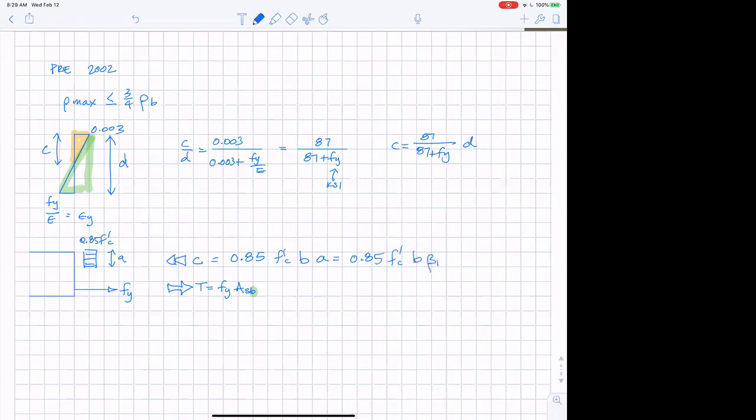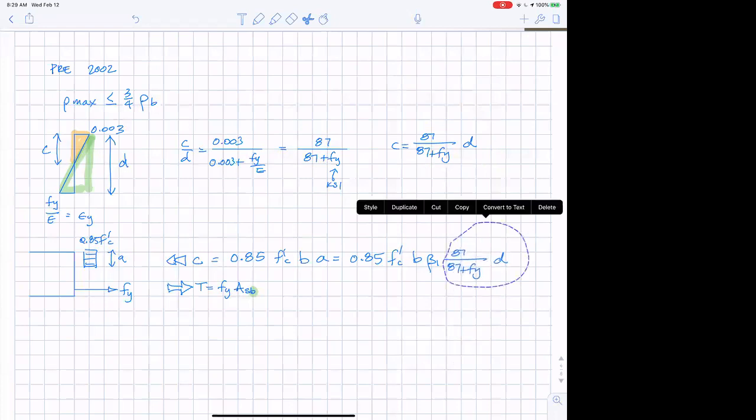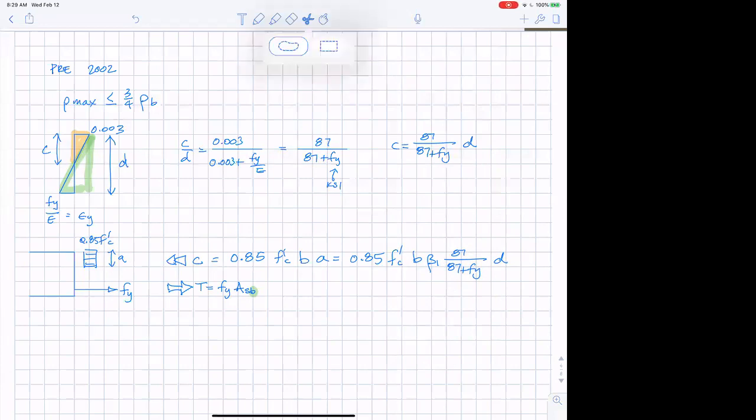Beta 1, and C, with the magic of my iPad, I'm just going to copy that, paste it in here. That was C, right? Okay, and so all we're going to do is do T equals C, and again, I'm going to just cheat and not rewrite it. I'm going to copy that, paste it here, T equals C. So where are we?